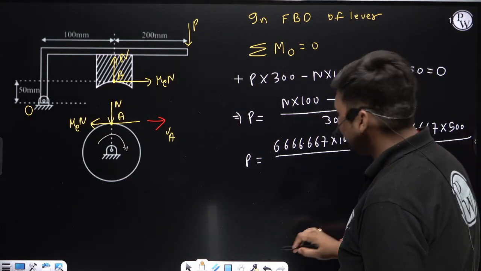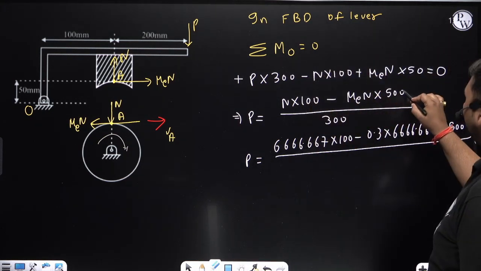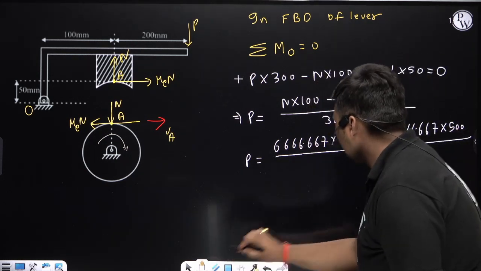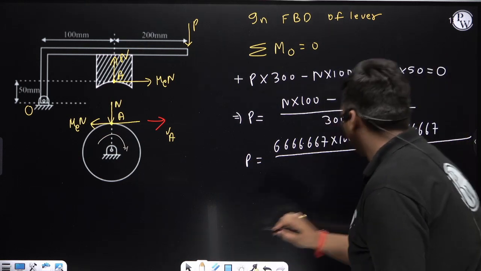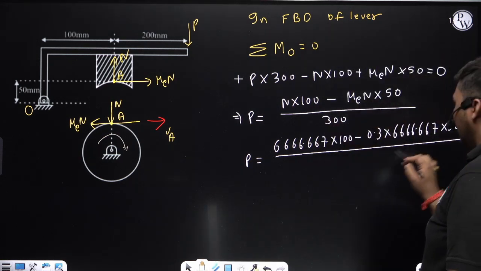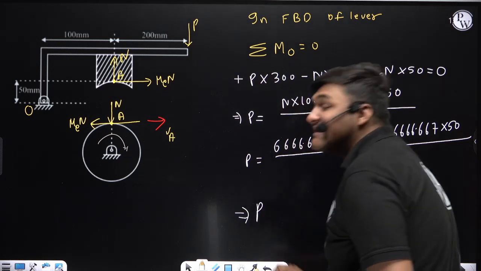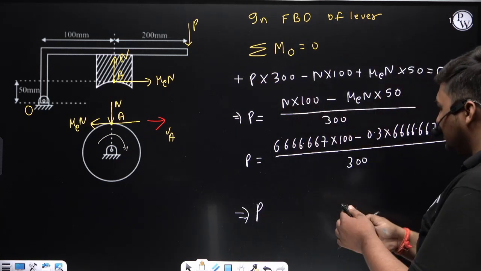Sorry, it's not 500, by mistake I have written 500, it is 50. So from this equation we will get the value of P, that is the braking effort. And how much is it coming?